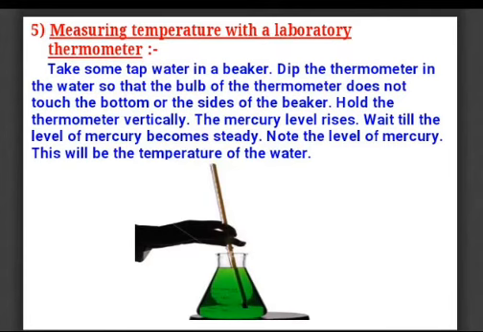We have to hold the thermometer vertically, and then the mercury level rises up. We have to wait till the level of mercury becomes steady, and then note the level of mercury. That will be the temperature of that water.